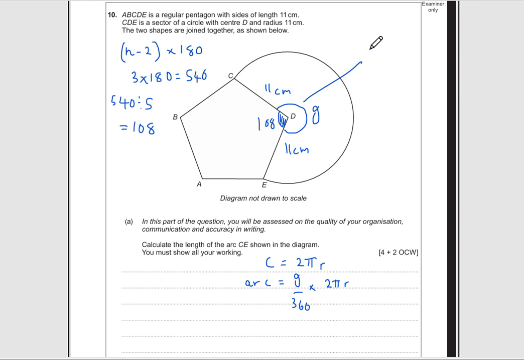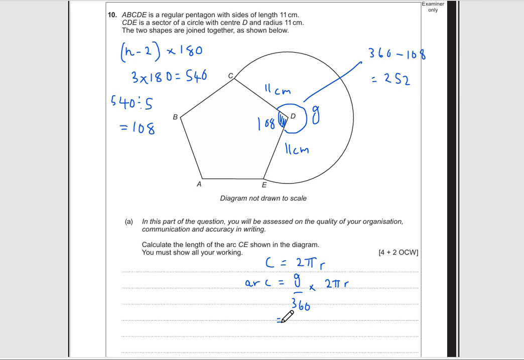To work this one out, we're just going to do 360 take away that, which is going to give us 252. Okay, so let's go back to the formula and substitute our values in here.